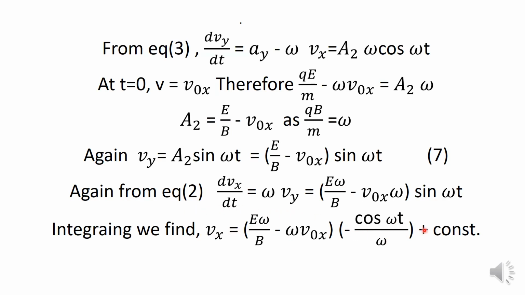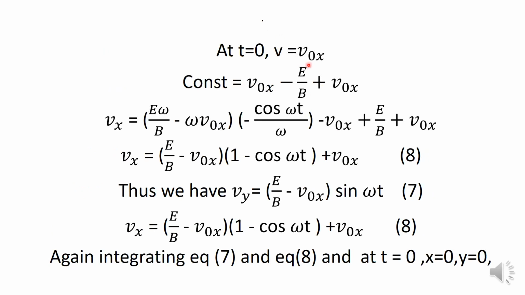Now we apply the boundary condition to find the value of the constant, that is at time t = 0, vx = v0x. Therefore we find the constant is equal to v0x − (E/B − v0x)... Now apply the value of the constant in the equation for vx, which is (Eω/B − ω v0x)(−cos ωt/ω) − v0x + E/B + v0x.